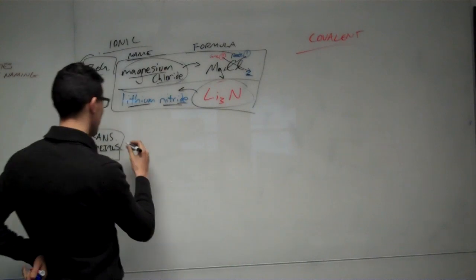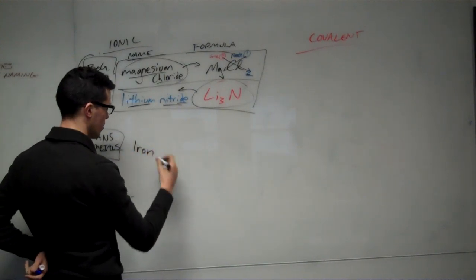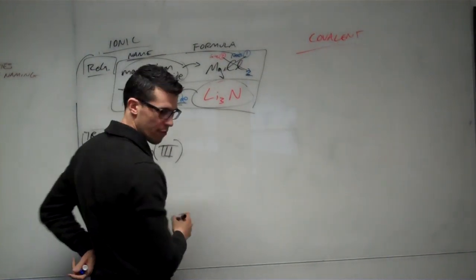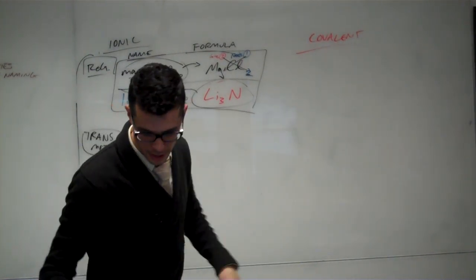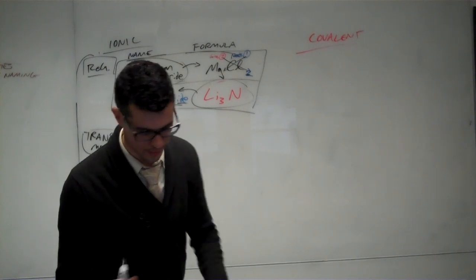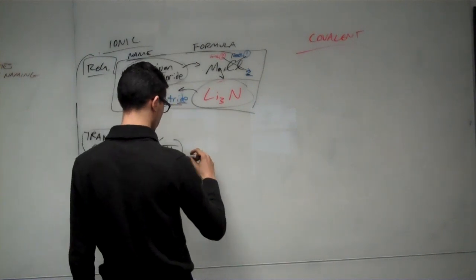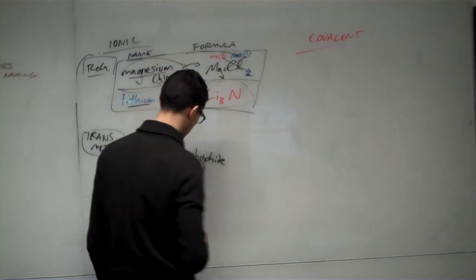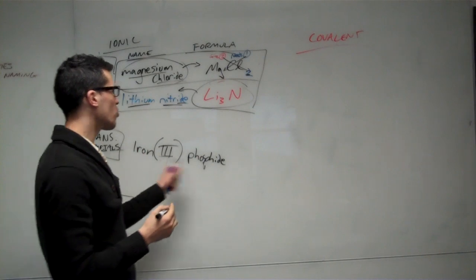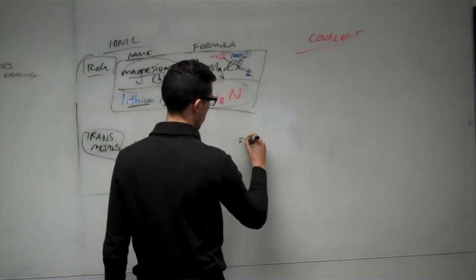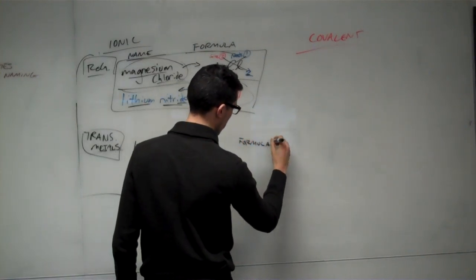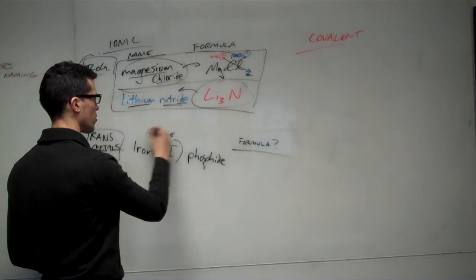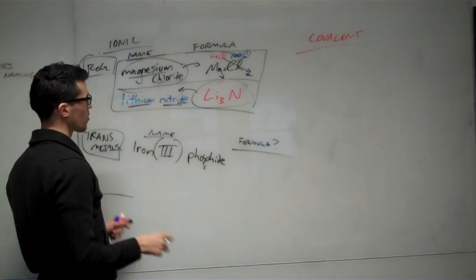Okay, let's say that I give you the name iron 3 phosphide. How about that? Iron 3 phosphide. Now you have to tell me what the formula is. Iron gives off 3.